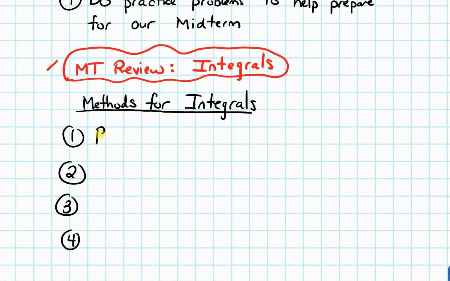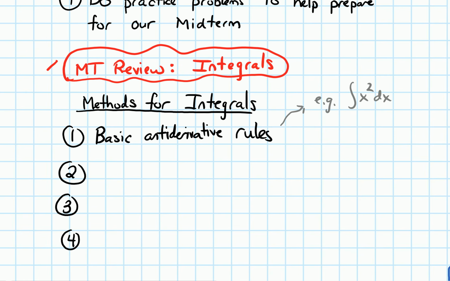One of the ways is through basic antiderivative rules. So things that I could evaluate easily. So for example, if I had the integral of something like x squared, that's just reverse power rule. That would give me x to the 3 divided by 3 and then plus c.